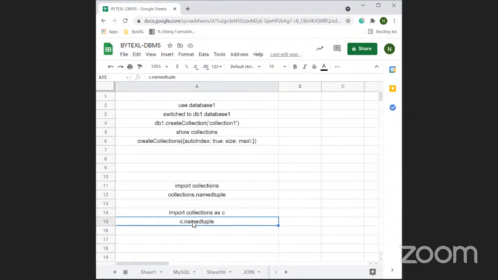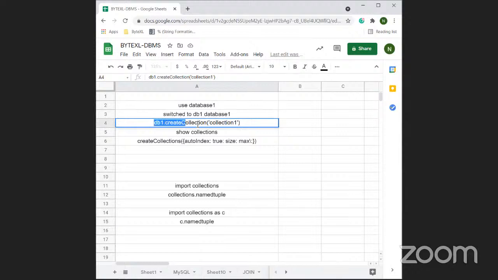Now, since this MongoDB syntax is the same as Python, if you know Python, for any question they show you in MongoDB, you can understand what the output is. How will it work? If they are showing you db1.createCollection, for example, what would this do in Python?